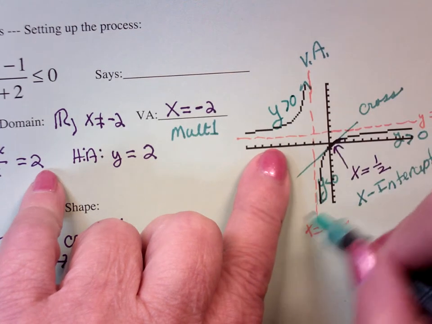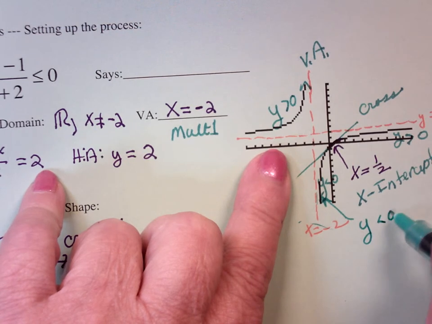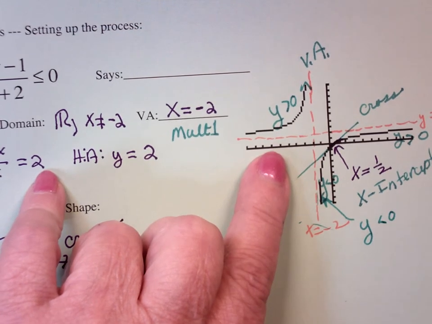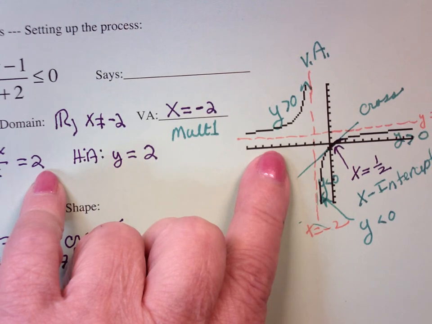If I look at the right side of the VA, y is negative. So the VA can cause the y values to change sign. Multiplicity 1 of a VA will cause the y values to change sign. By the way, multiplicity 2 of the VA means it will not.